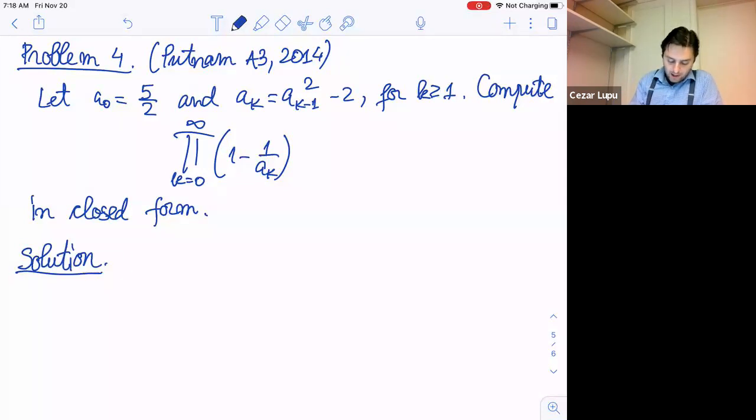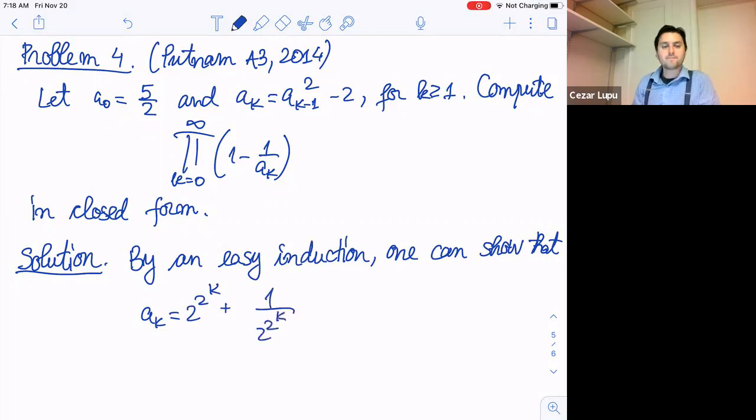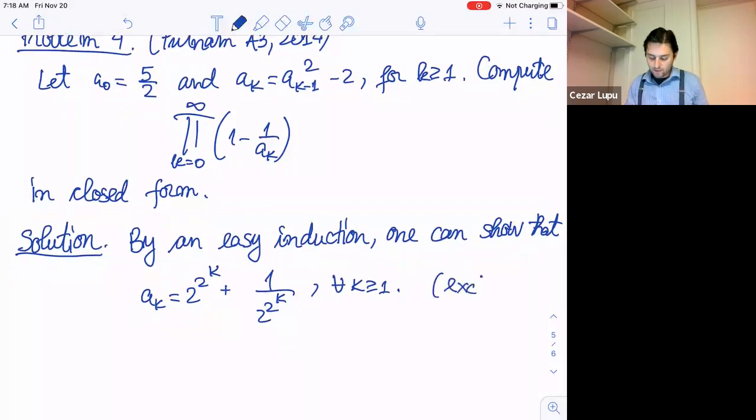So by an easy induction, one can show that a_k is nothing else than just 2^(2^k) + 1 over 2^(2^k), for all k greater or equal than 1. Well, you can prove it by induction. I'll leave it to you. So this would be an exercise for you.